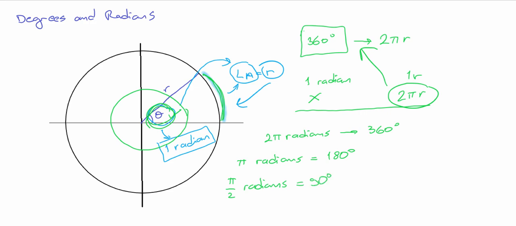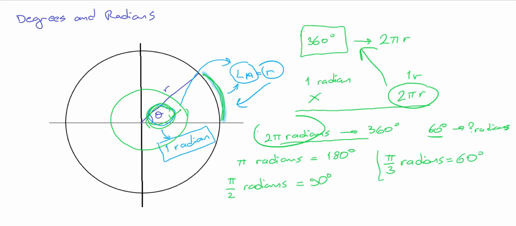Would you like to convert 60 degrees to radians? Well, it is simple, isn't it? If 2 pi radians is 360 degrees, then 60 degrees is going to be 1/6 of 2 pi radians, which means it's going to be pi over 3 radians, equal to 60 degrees.